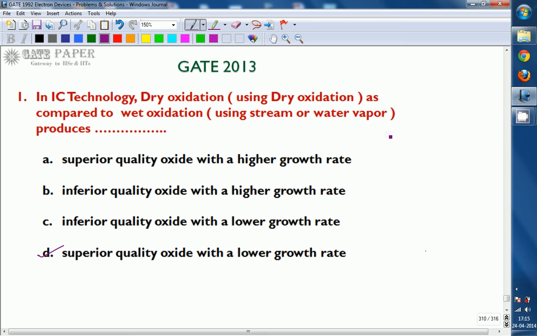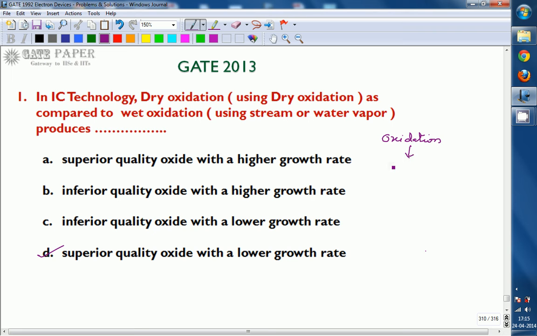First of all, oxidation. Oxidation is the process of formation of a silicon dioxide layer, that is SiO2 layer, from silicon, and the general technique used for this is called thermal oxidation.